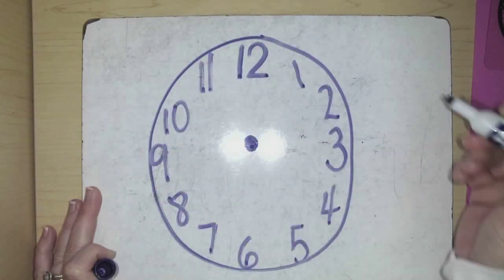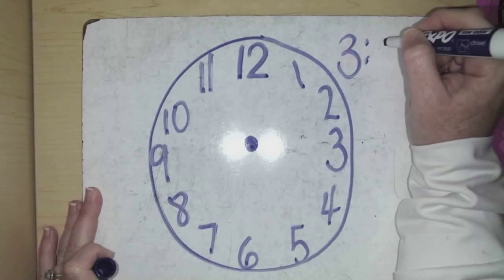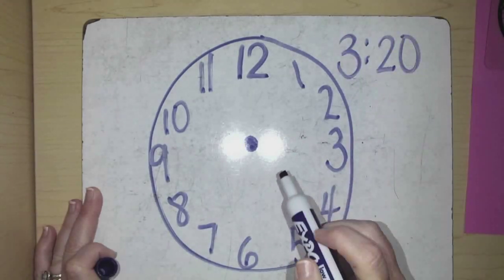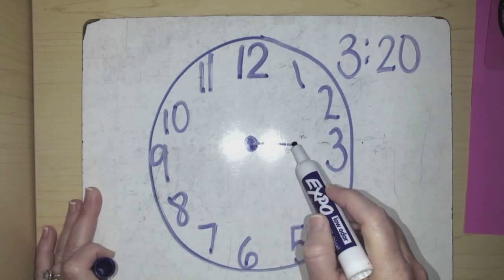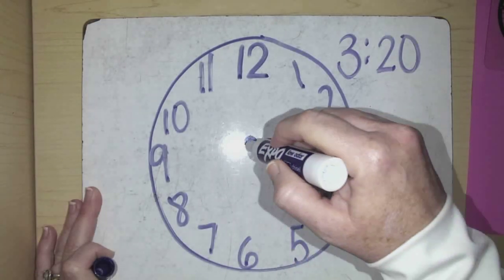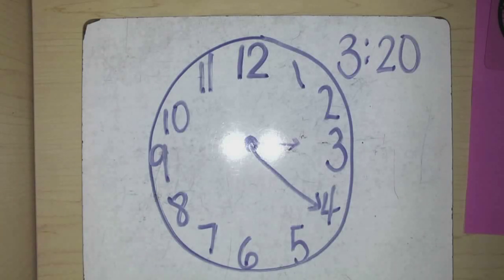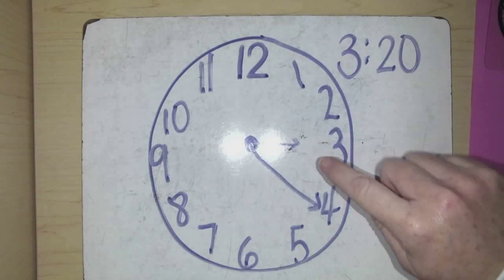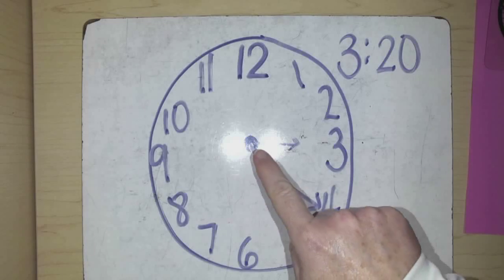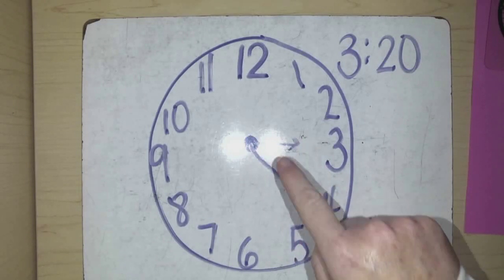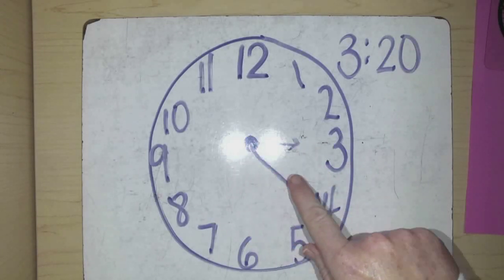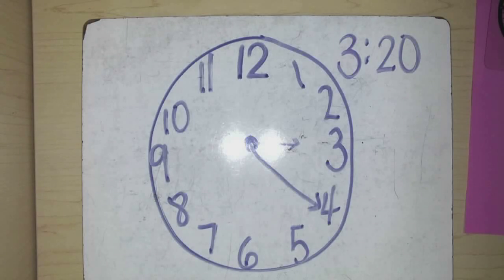And then have your parents give you a time. They could say 3:20, and then using your marker, you could draw 3:20. But you want to remember, when you're drawing the hands on your clock, you want to be able to tell the difference between that hour hand and the minute hand. That minute hand is going to be longer.